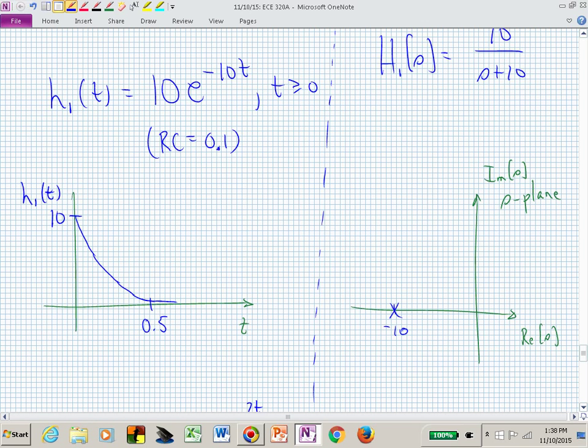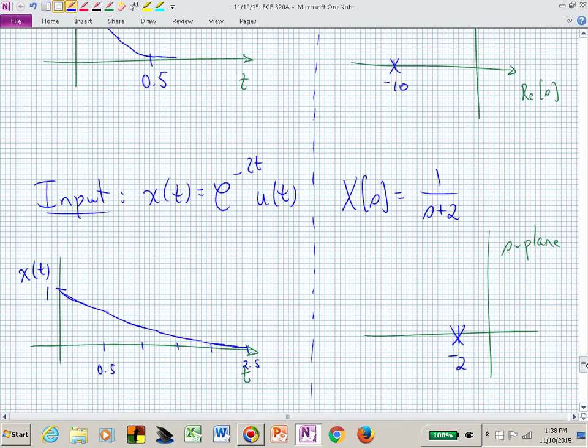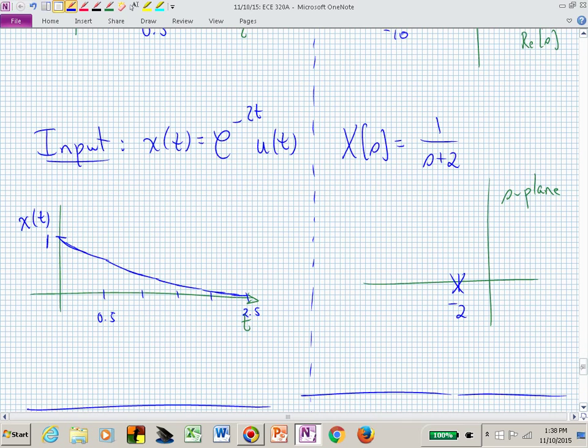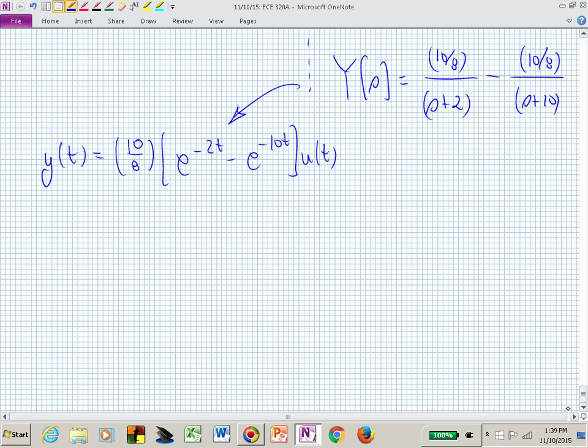It was done after half a second. Your input, relatively speaking, is done after what? 2.5 seconds. Which one is faster responding? The low-pass filter, isn't it? What's this going to look like? Do you see what this looks like as a function of time?